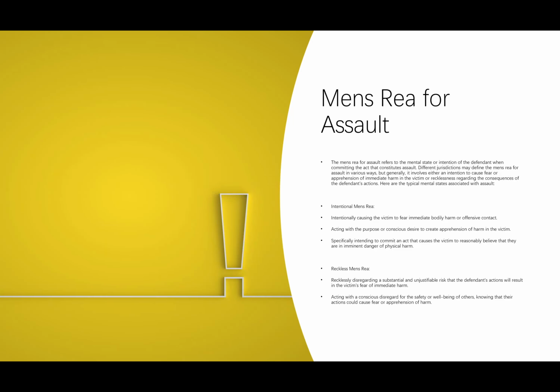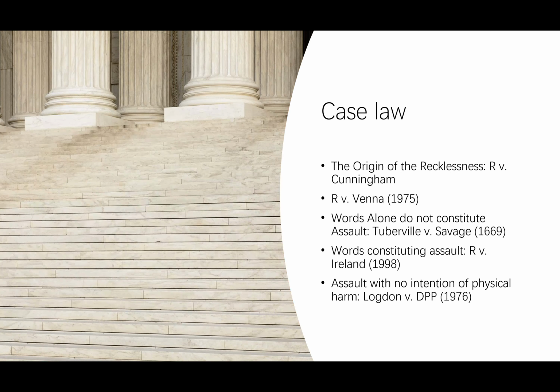That is, recklessly disregarding a substantial or unjustified risk that the defendant's actions will result in the victim's fear. So you may not intend it, but due to reckless actions, it makes the victim fear, or instills a feeling of fear within the victim. So we're looking at those aspects.